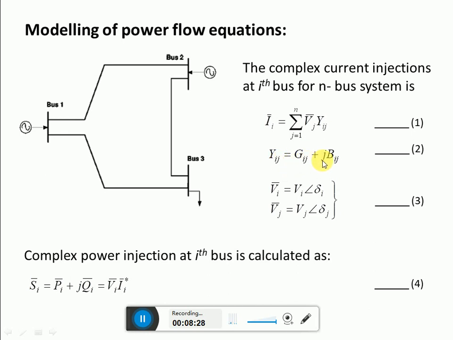Here G and B are the conductance and the susceptance of the transmission line, and V has some magnitude as well as angle.